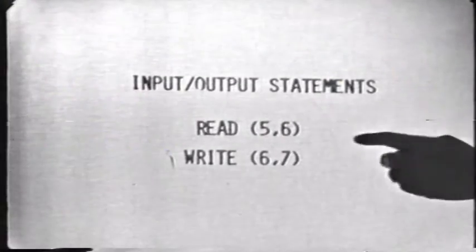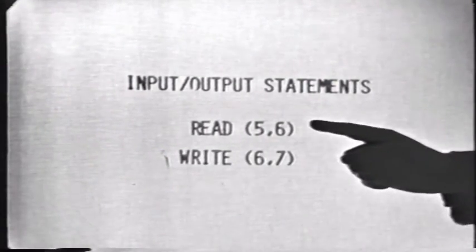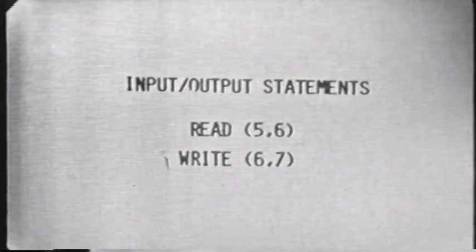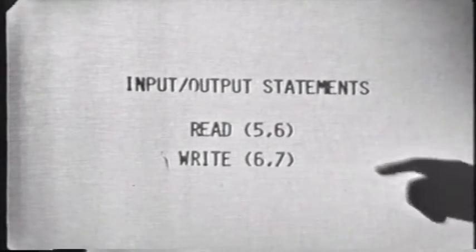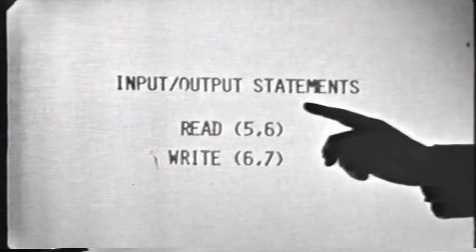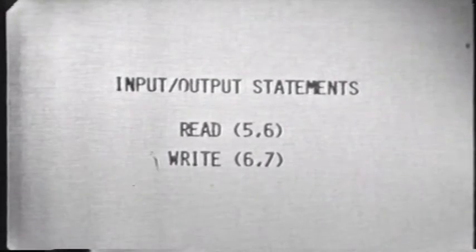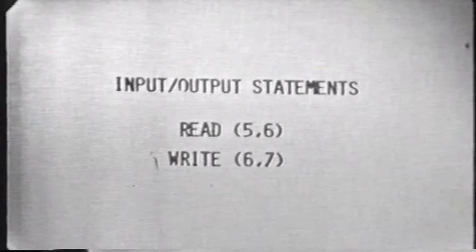Now another type of statement that's used in Fortran are input-output statements. They generally look like read and write. They generally have two operands. The first operand stands for the device you're going to read from. The number 5 might mean you're going to read from a card reader.